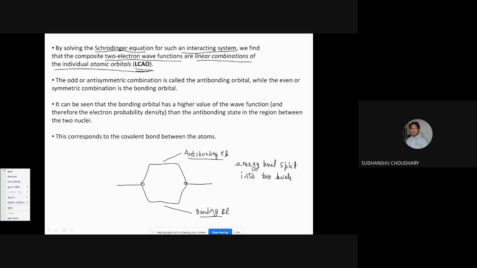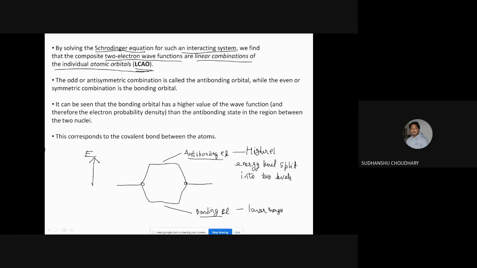Now this anti-bonding energy level, obviously, it is at higher energy, right? So let us say that energy varies in this direction, E. So anti-bonding energy level or higher energy level, and bonding energy level, I'll say lower energy level.